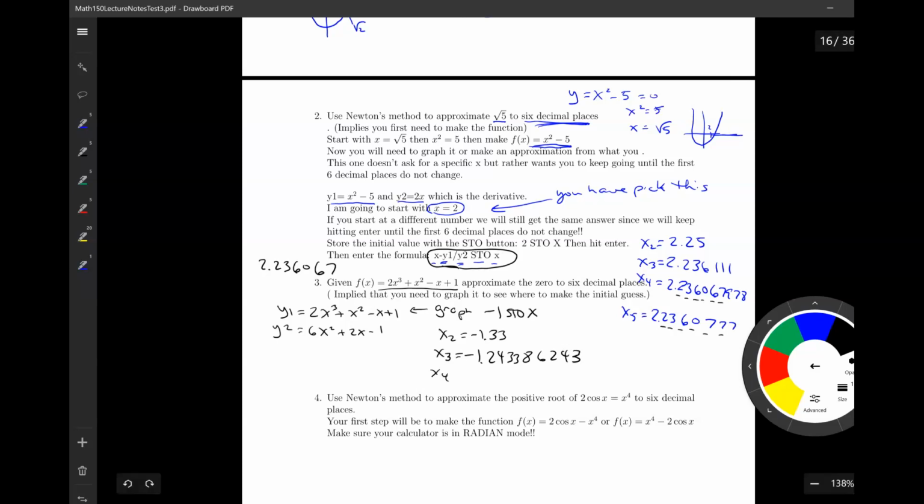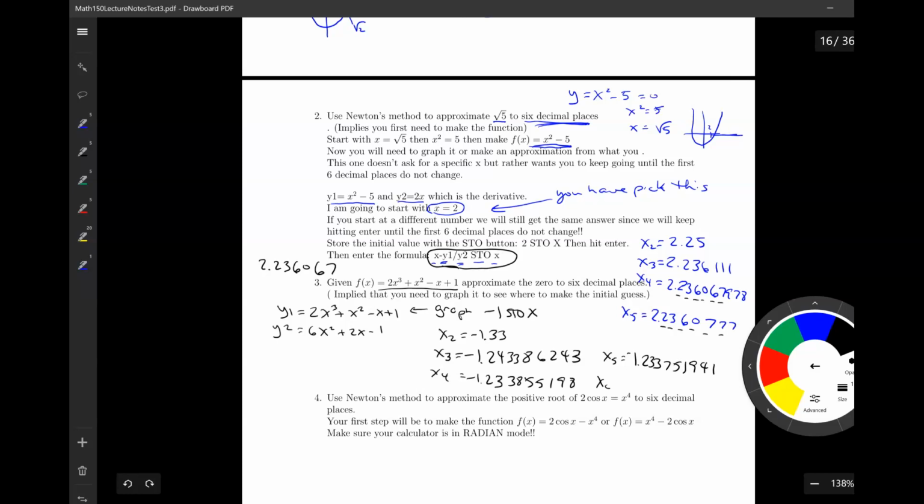So then x sub 4, I get -1.233855198. So the 6 decimal places are still changing. So let's go to x sub 5. x sub 5 gives me -1.233751941.